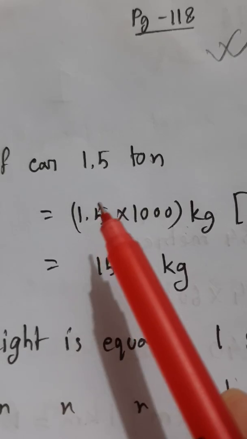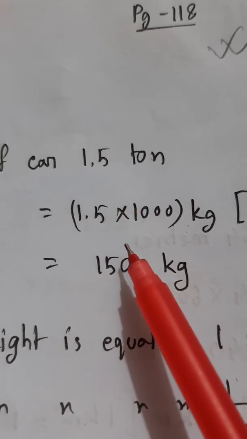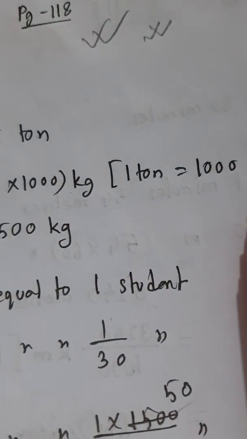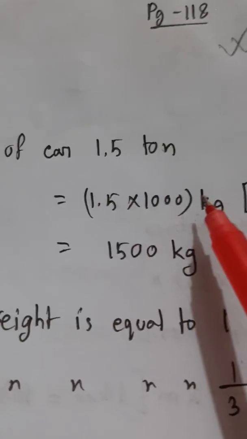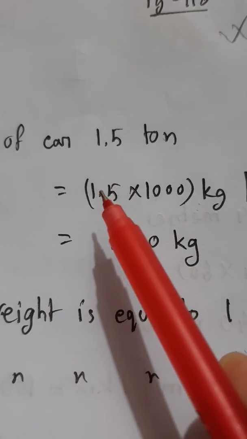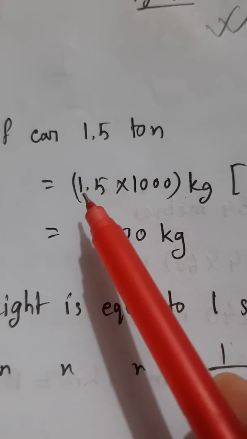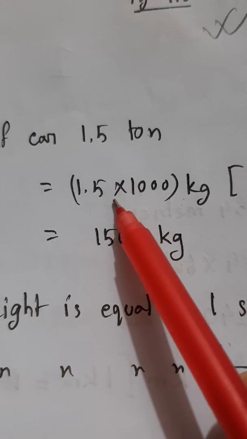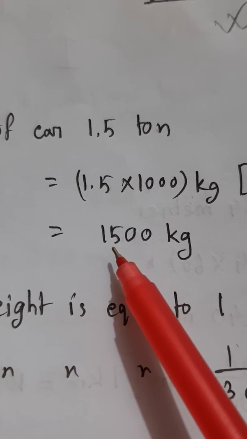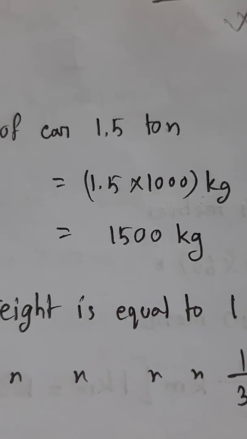We express metric ton into kg. We know 1 metric ton equals 1000 kg. So we multiply 1.5 by 1000. The decimal goes to the right 3 digits, 1, 2, 3. So the answer is 1500 kg.